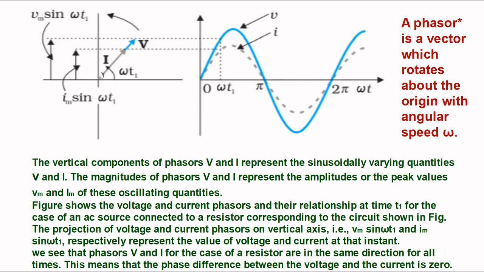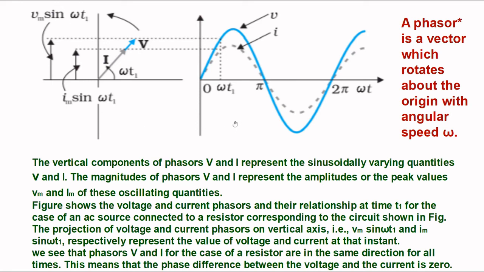The vertical components of phasors V and I represent the sinusoidal variation of voltage and current. The magnitudes of phasors V and I represent the amplitudes or peak values Vm and Im of this oscillating voltage and current.